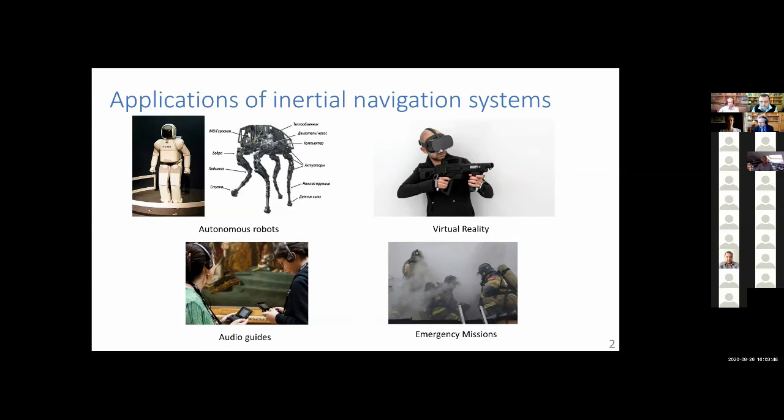Thus, the inertial modules are used in conditions where there is no access to GPS satellites, or there are no visible landmarks to orient by video.